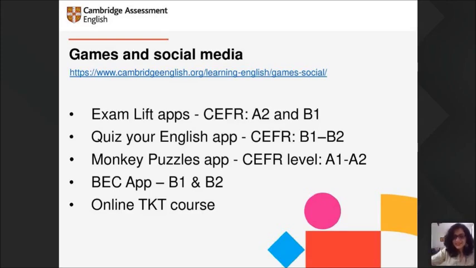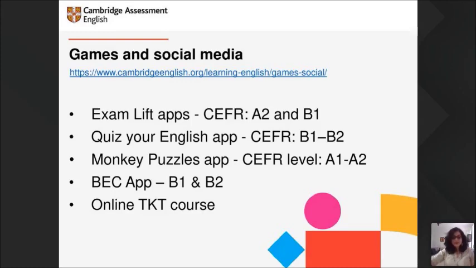You have the Quiz Your English app, which is designed for B1 and B2 level learners. You have the Monkey Puzzles app. This is a fun app which children really love. It's designed for A1 and A2 learners. And then you have the Business English Certificates app, which is meant for B1 and B2 learners of business English.